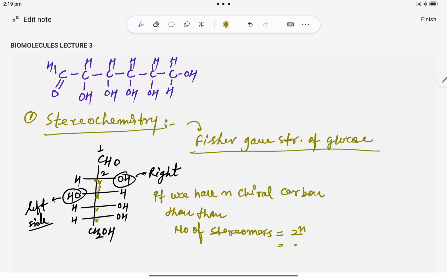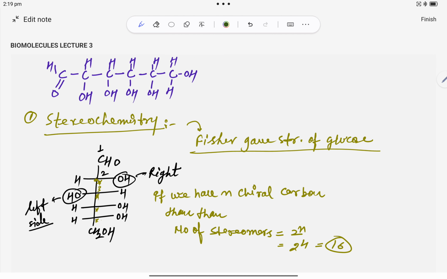So here n is 4, 2 to the power 4. So total 16 stereoisomers are possible for this glucose structure. 16 possible configurations exist in that case.